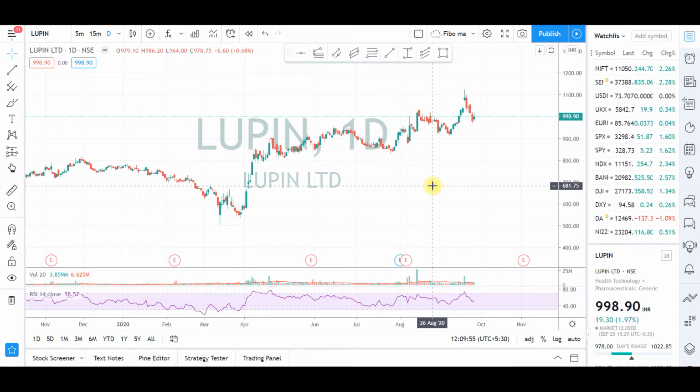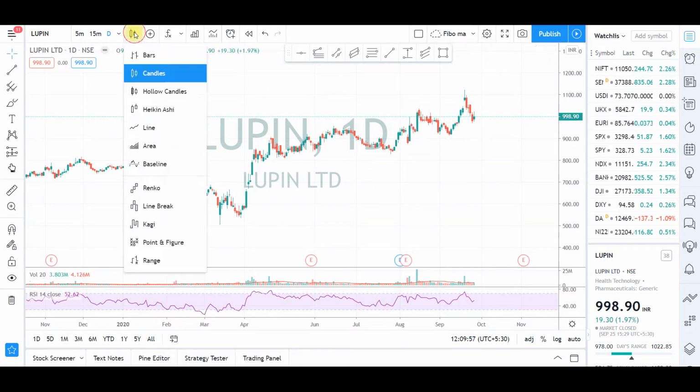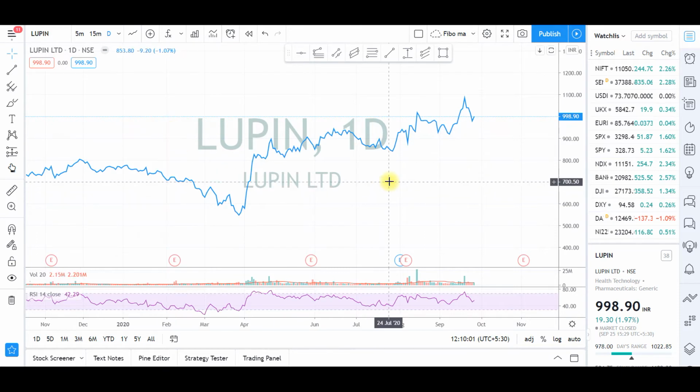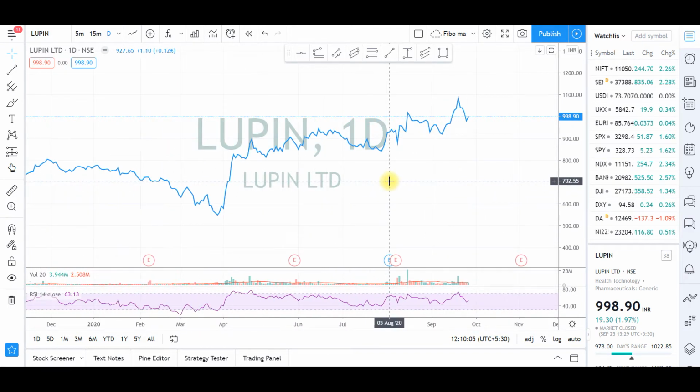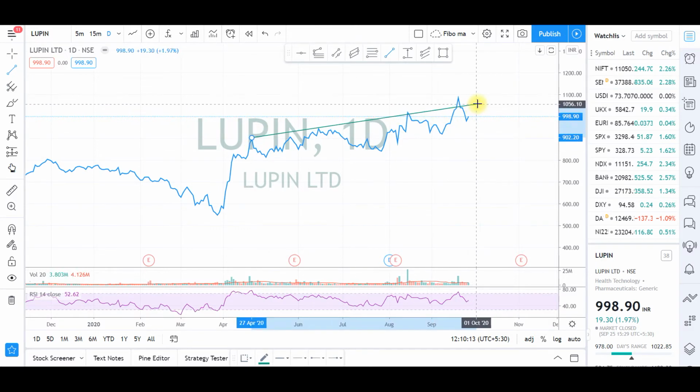What I'm doing is changing this to a line chart. Now you see the difference between your other chart, which was a candlestick chart, and this chart. You tell me, is it easier to plot the tops and the bottoms? So one was this.